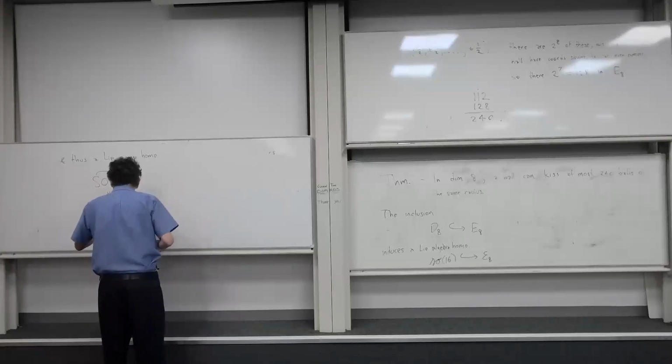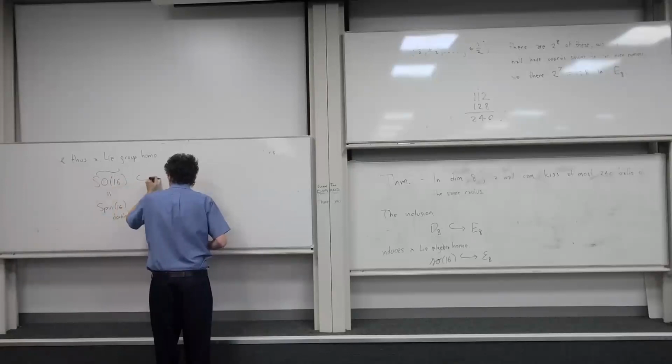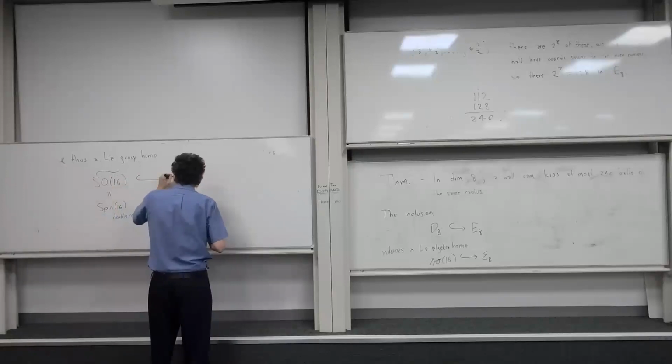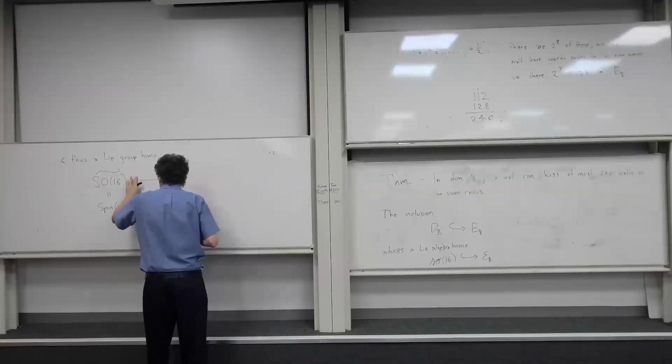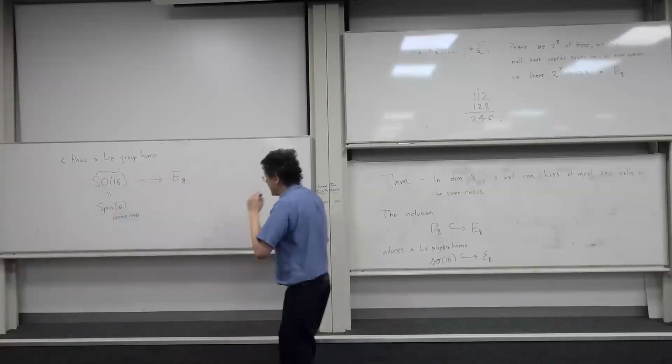But don't worry about that if you don't know what that means. It's just the double cover of the group. And so that's simply connected. And so we get an inclusion of that into the Lie group E8. Sorry, this may not be an inclusion, but it's definitely a homomorphism. That's all I want to promise you.